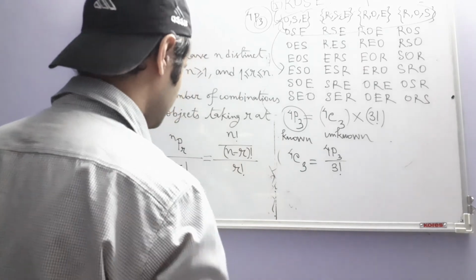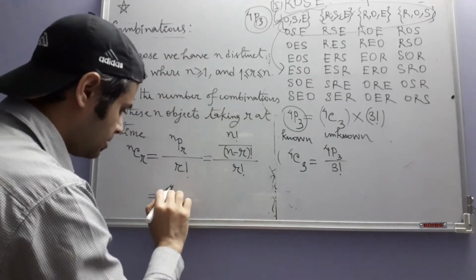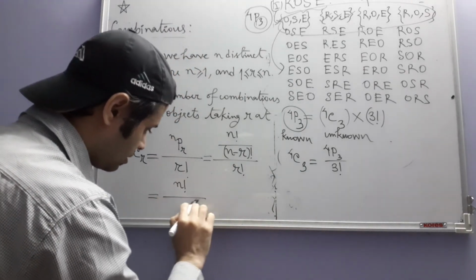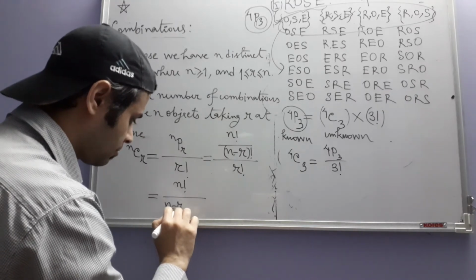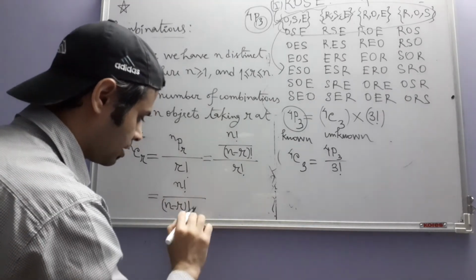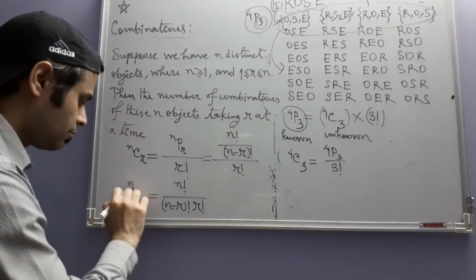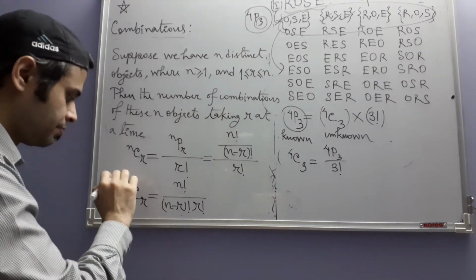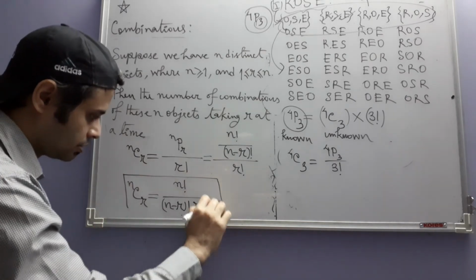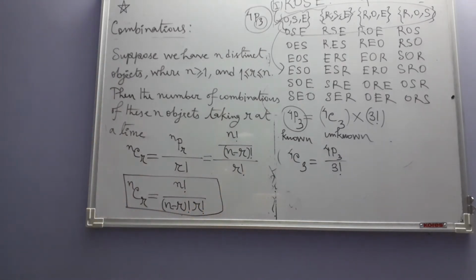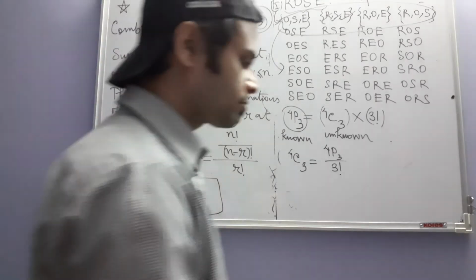This is divided by r factorial. And this equals n factorial divided by (n minus r) factorial times r factorial. So this gives you a formula for the number of combinations. And this is the derivation of the formula.